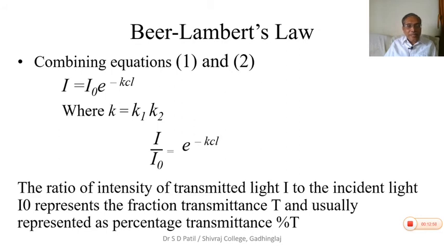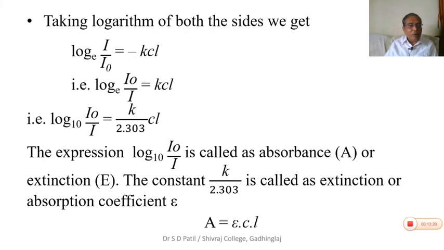The ratio of the intensity of transmitted light to the incident light I0 represents the fraction transmitted, the transmittance T, usually represented as percentage transmittance. So the ratio is converted into percentage transmittance, that is the basic property.